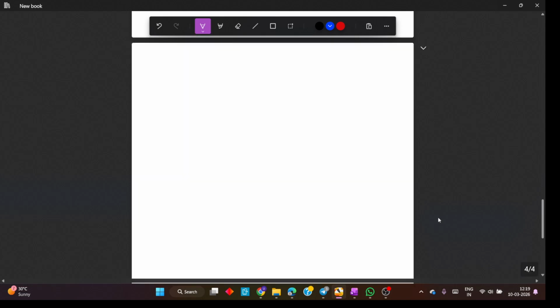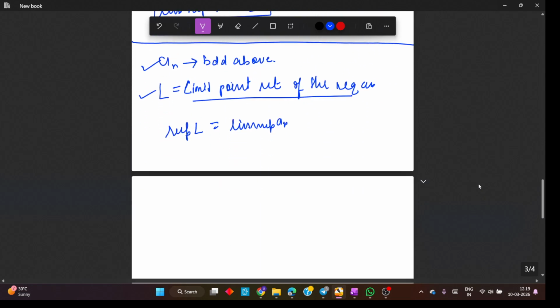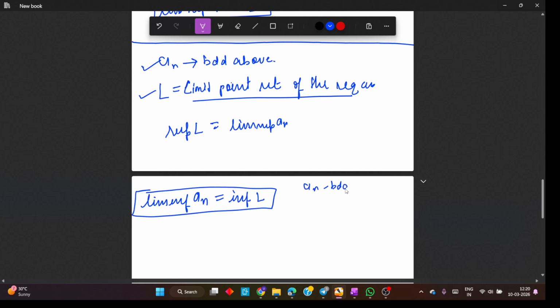This is the method we are going to use here. Similarly, we can define liminf of a_n, which will be the infimum of the set L. But for liminf, we should have the sequence a_n bounded below.